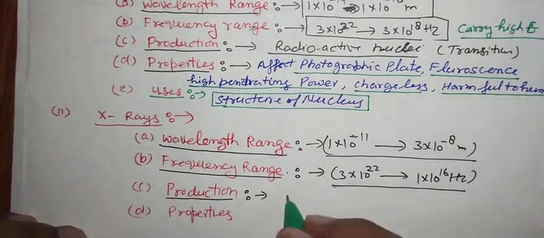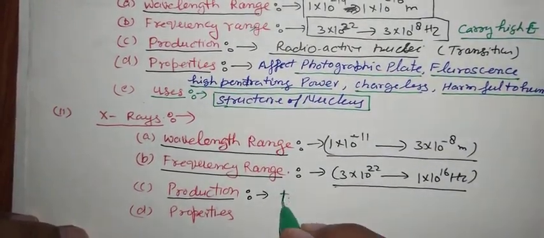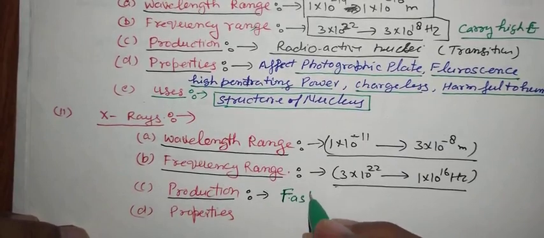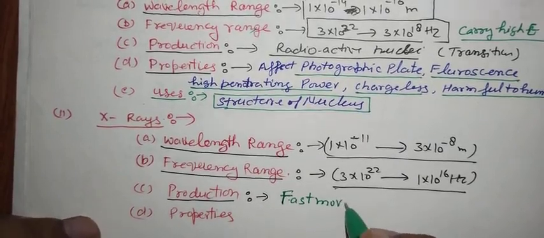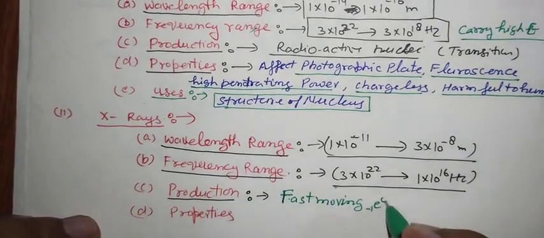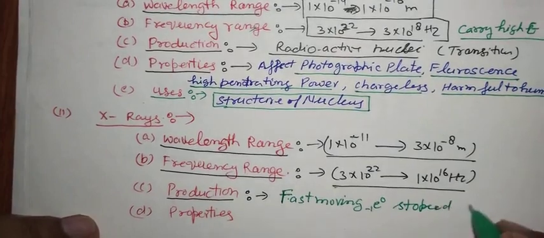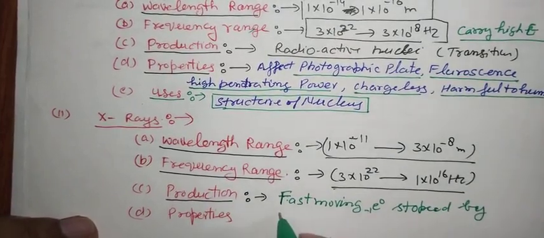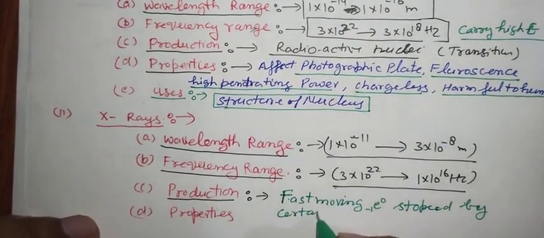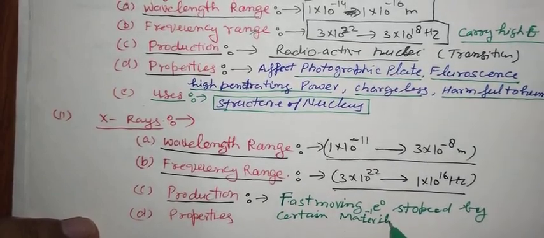X-ray production: it is produced when fast moving electrons are stopped by certain material.